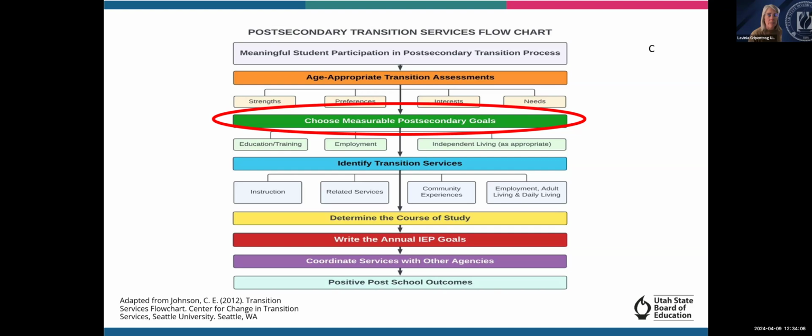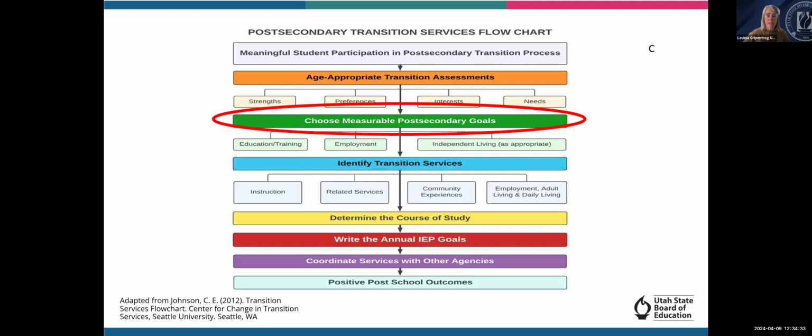So I'm going to provide you lots of examples. And then after you develop these measurable postsecondary goals, you'll be determining what individualized transition services the student needs to get closer to those goals. We will dive into that, and then we'll talk about the other component here in yellow, which is the course of study.